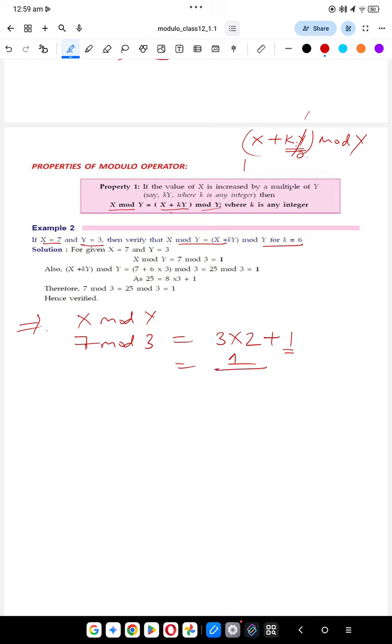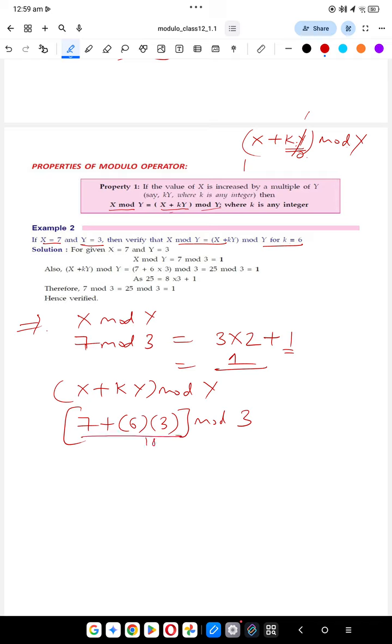And now, by taking k equal to 6, x plus k times y, modulo y. So x is 7, plus our k is 6, and what is our y? y was 3, and we have taken mod 3. So let's evaluate the inside expression. 18 plus 7 is 25. 25 mod 3.